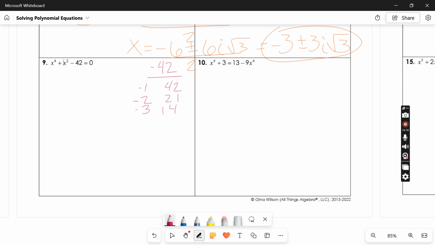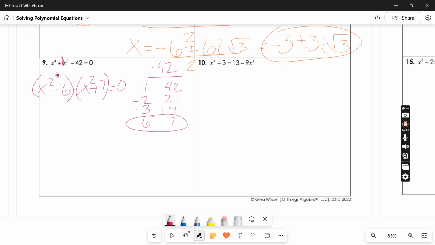And you can just go to it if you know what it is. Negative 6 and 7. Okay, so these two add up to 1. That's right here. Okay, so I'm going to rewrite this as x squared minus 6 and x squared plus 7.